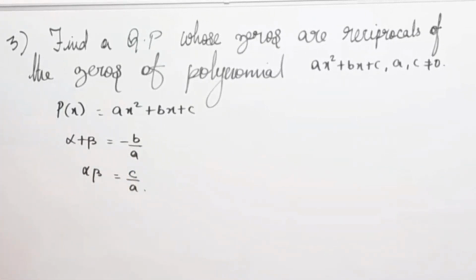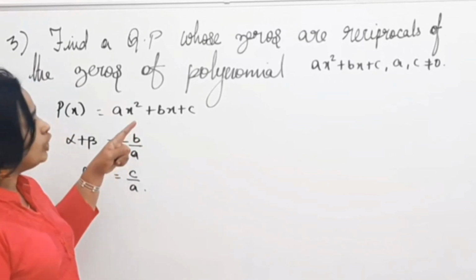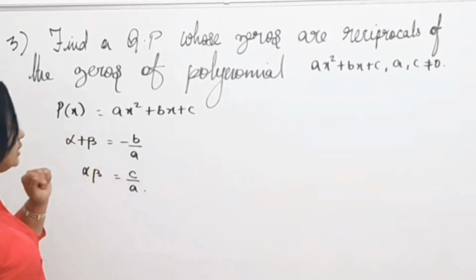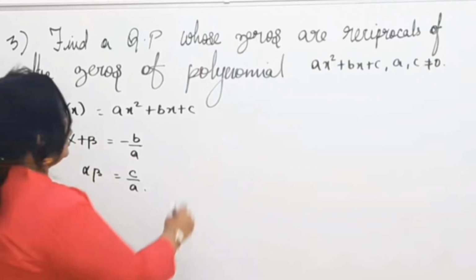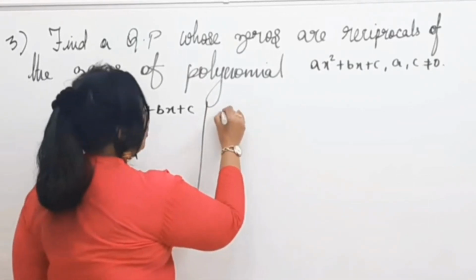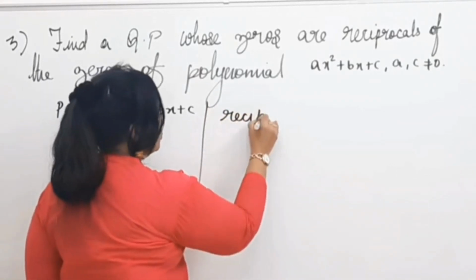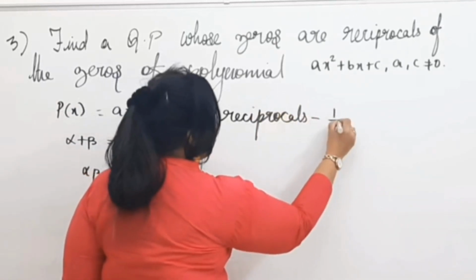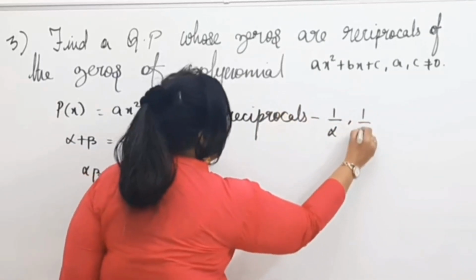Now, what they are telling us is that the zeros of the other polynomial are the reciprocals. So alpha and beta are the zeros of this, so I would have my reciprocals as 1 by alpha and 1 by beta.